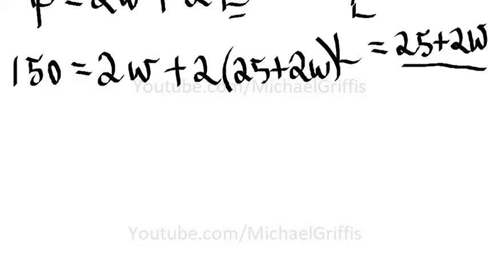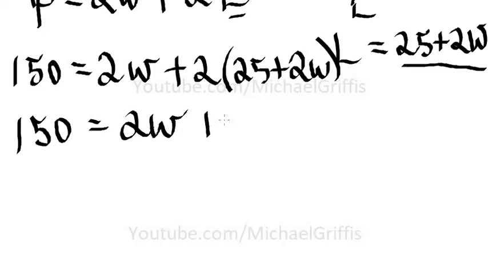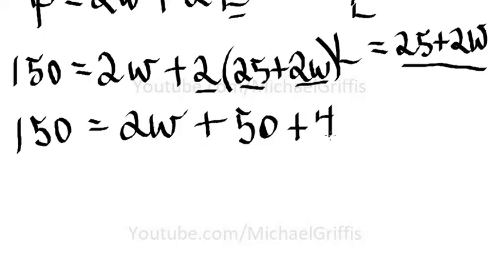Now we have an equation all in terms of one variable, and what we want to do now is go ahead and simplify it as much as possible. So 2W plus 2 times 25 is 50 plus 2 times 2W is 4W. Now let's collect our like terms.